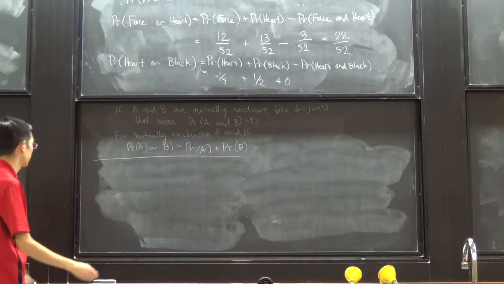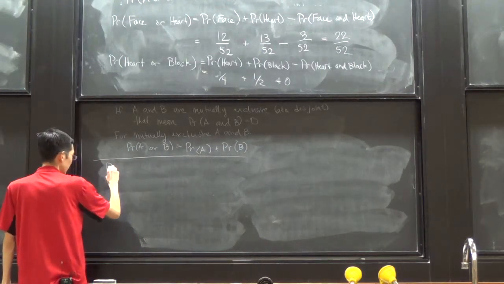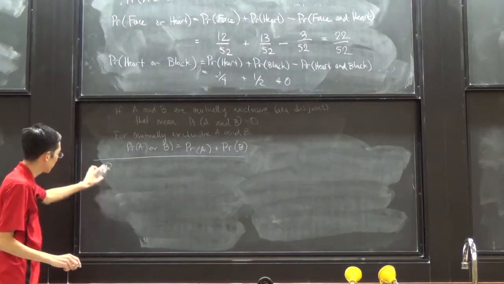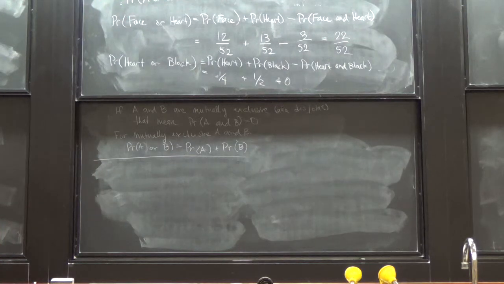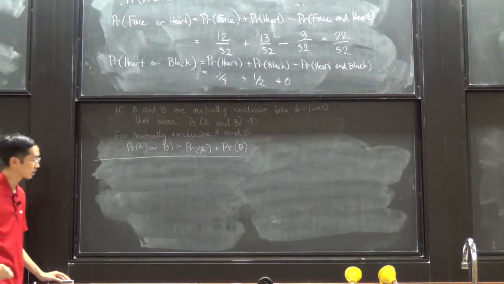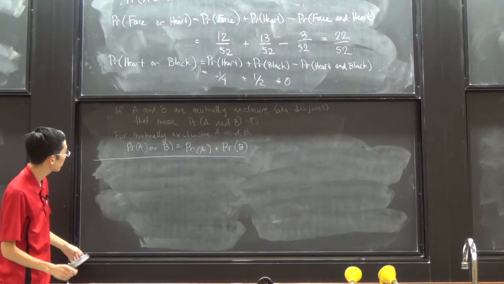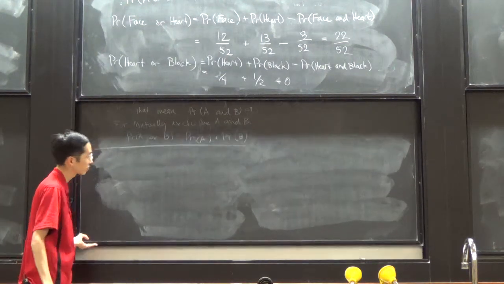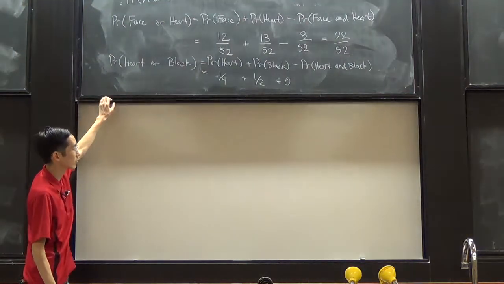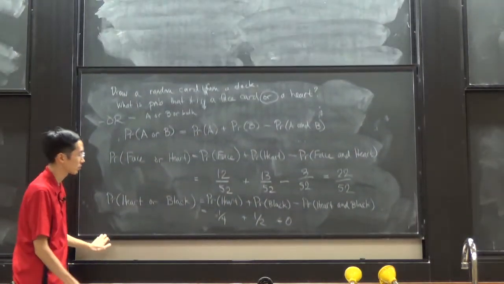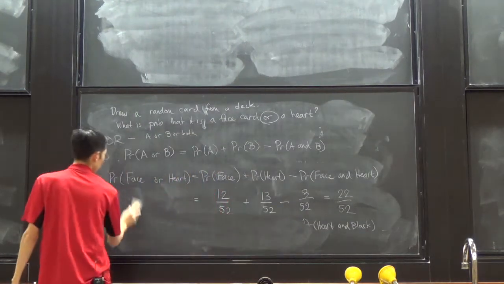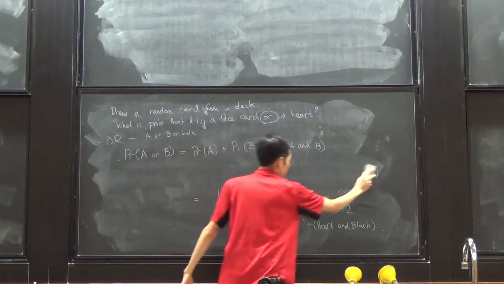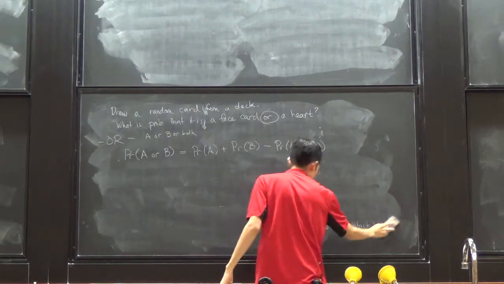What about then we have conditional probabilities and ands, okay? So we might have a question, what is the probability of A and B?